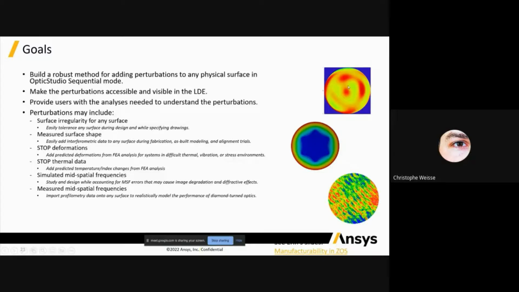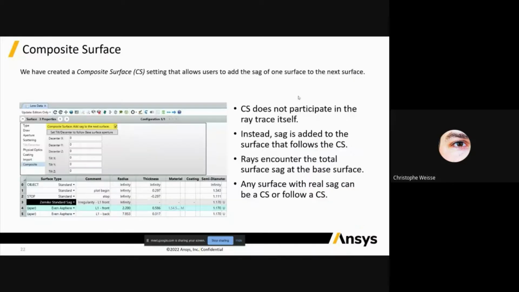So I have included some screenshots here of what kinds of shape you are now able to simulate, but it's virtually any shape. Why? Thanks to our new composite surface.